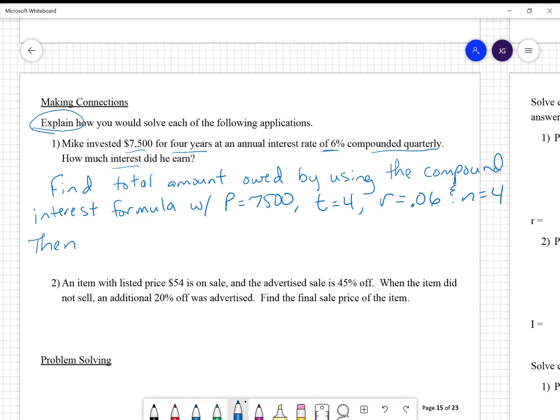Then subtract P, 7,500, from this answer to find interest.